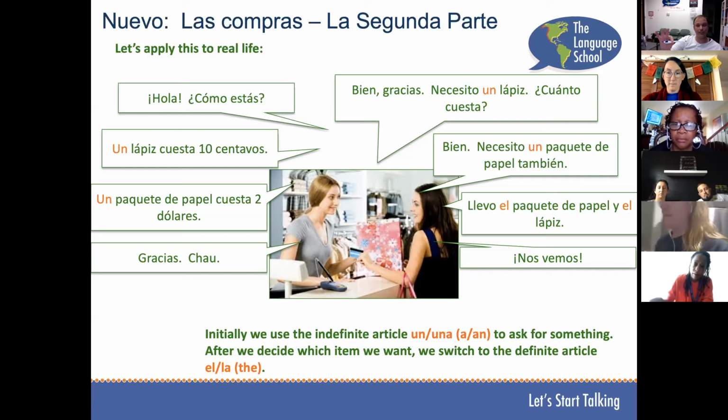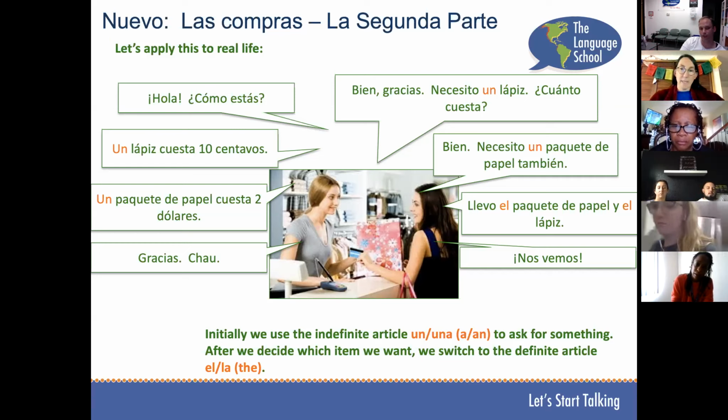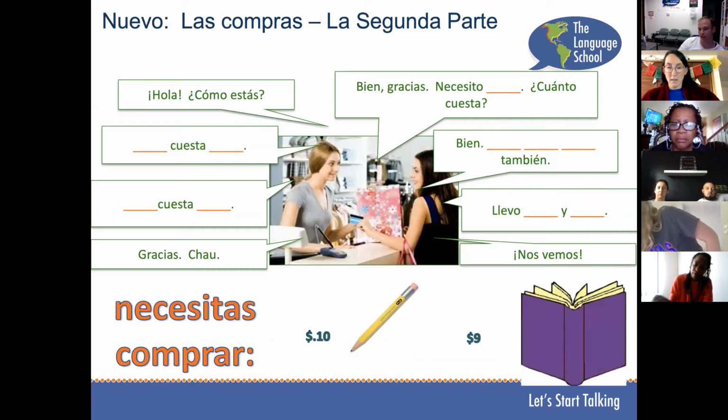Now you've defined which one you're going to buy. And so you finish the conversation by saying, llevo el lápiz. You started off by saying, I need a pencil. Now that we put the pencil on the table, now we're going to buy the pencil. Does that make sense to everybody here? Typically, when you walk into a store, it's an unidentified object. You're going to say un or una. And then when you're finalizing the details, you say el.